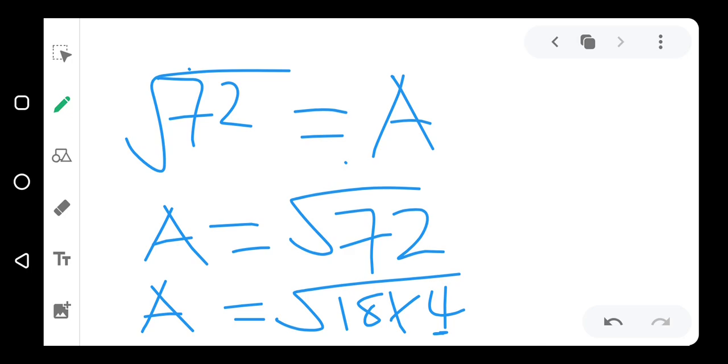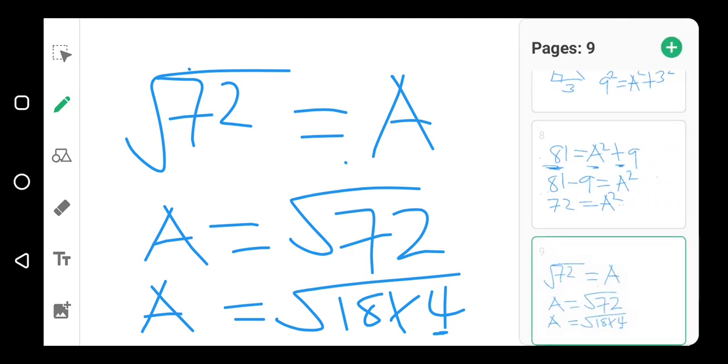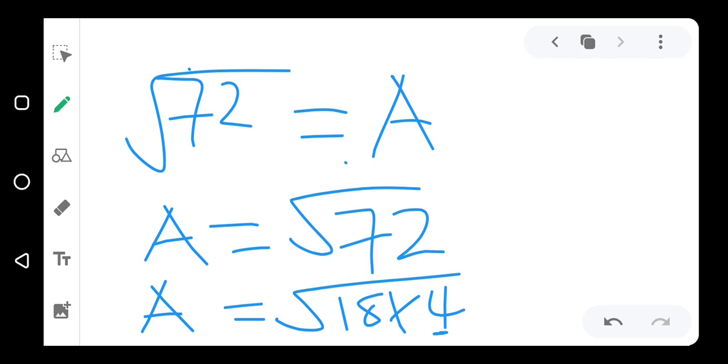Now here, if we use 4 and divide 72, we will get 18 without any remainder, which means that 4 is a perfect square inside 72. So we write the two numbers, which are 18 and 4. Now the essence of it is so that we can get the square root of 4 and then find the square root of 18.